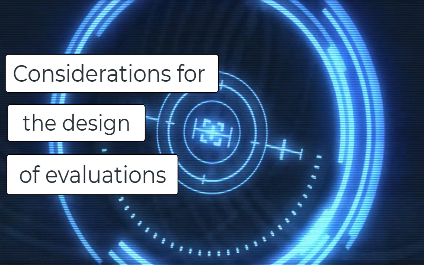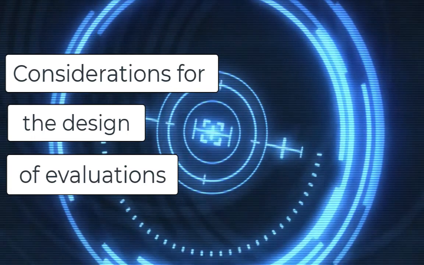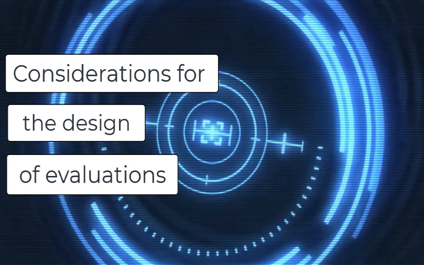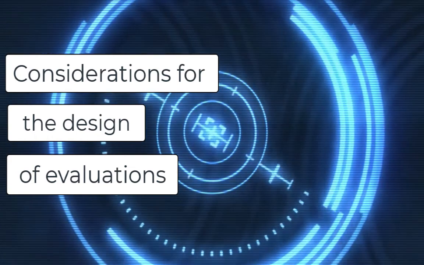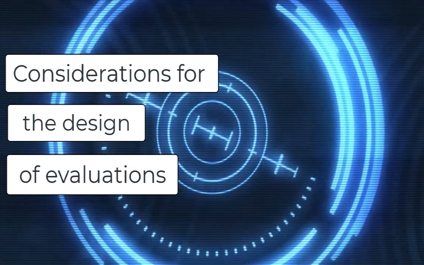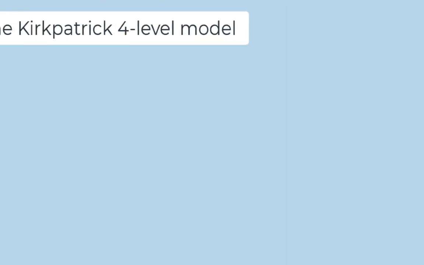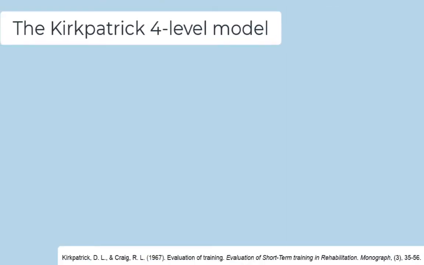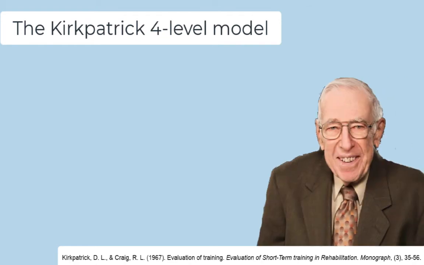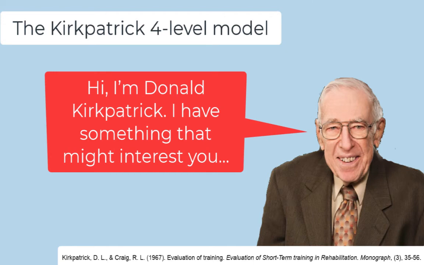There are different models that are underpinned by different theories and follow different paradigms. In this video, we will focus on one of the most popular models, the Kirkpatrick 4-level model. In 1967, Donald Kirkpatrick postulated a series of levels to assess impact and evaluate programs.